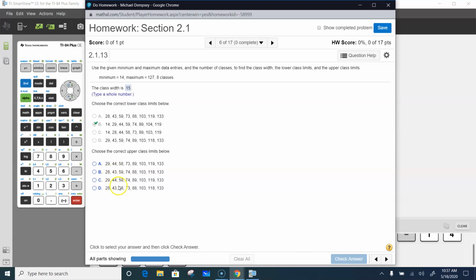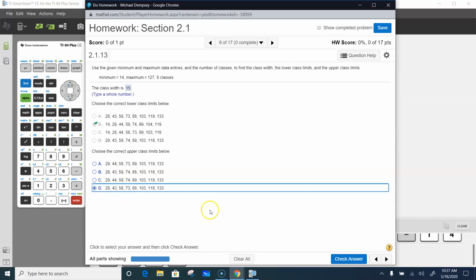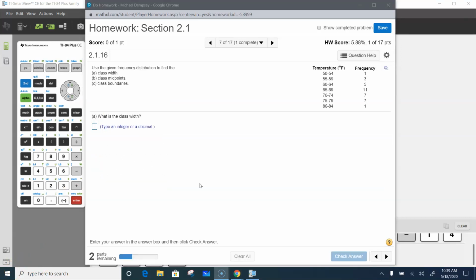Plus another 15 would be 58. They try to fool us there with the first couple being the same, but those would be my upper class limits, right? My first class goes from 14 to 28, second class goes from 29 to 43, and so on.